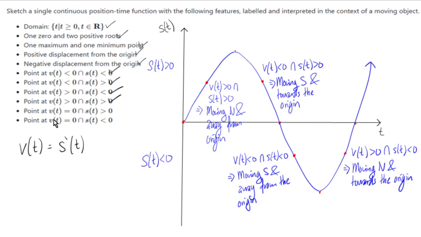And the next point, we have a velocity of 0 and a position time function that is positive. So that's going to be one of the turning points, specifically the maximum here. So at this point here, we have the tangent at that maximum. The slope of that tangent is 0. So the velocity equals 0, and the position time function is greater than 0.